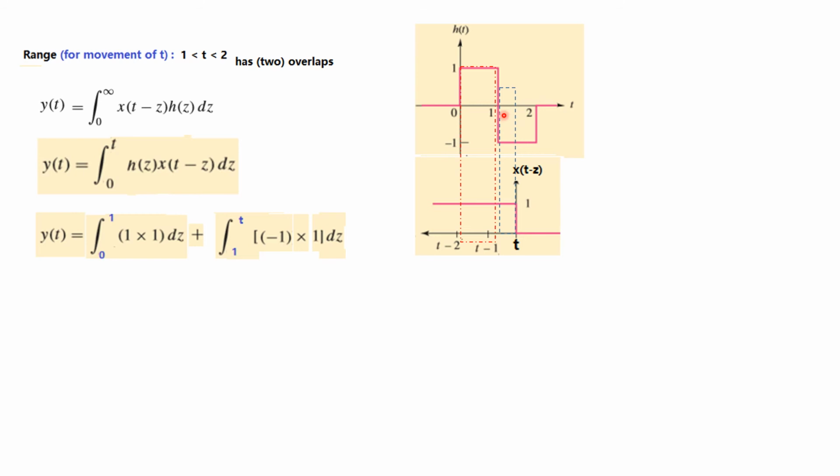Now this is negative 1, so negative 1 multiplied by this positive 1, and the limit is from 1 to t, because this point is not defined, we don't know. Taking the integral, we get z here and minus z here, with the limits. Then if we put in the limits, here we get 1 and here it will be minus (t minus 1). So the final answer is 2 minus t.